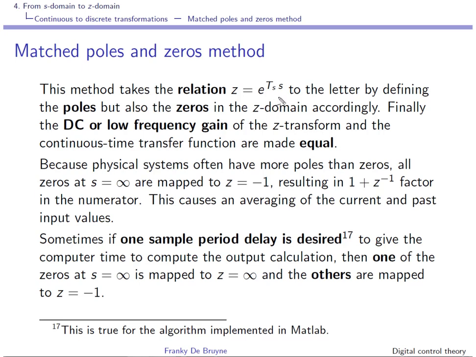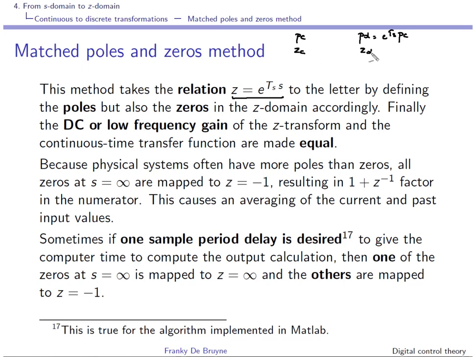The next method is the match poles and zeros method. So the idea is to use the relation z is the exponential of Ts s to map poles and zeros to discrete time poles. So you take the continuous time pole, and the discrete time pole is obtained by this relation over here. You know that this is the case with any method, but we also impose it for the zeros.